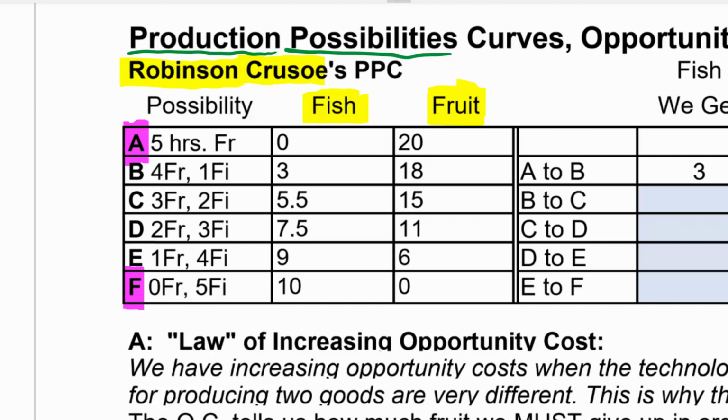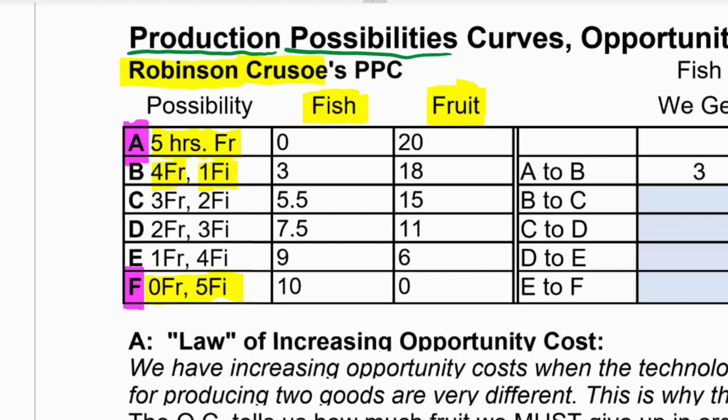So possibility A is when Robinson Crusoe is spending all 5 hours collecting fruit. Possibility F is when Robinson Crusoe is spending all of his time fishing. And B, C, D, and E are all the combinations that you might think of in the middle. 4 hours collecting fruit, 1 hour fishing, for example, for possibility B.